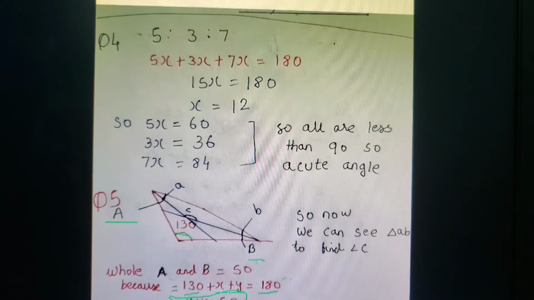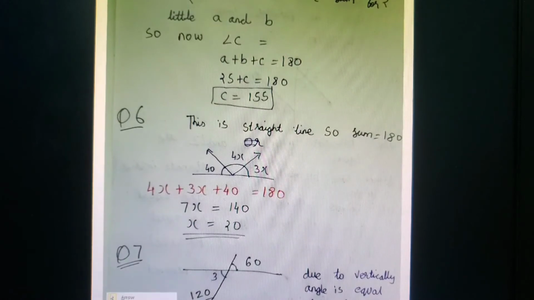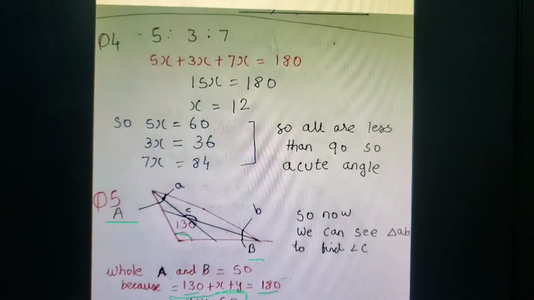So we take the bisector of 50 degrees, so we will get 25. Yes, we have taken the sum as 25 because we have to find this small a and this small b. We have taken both as the same bisector.